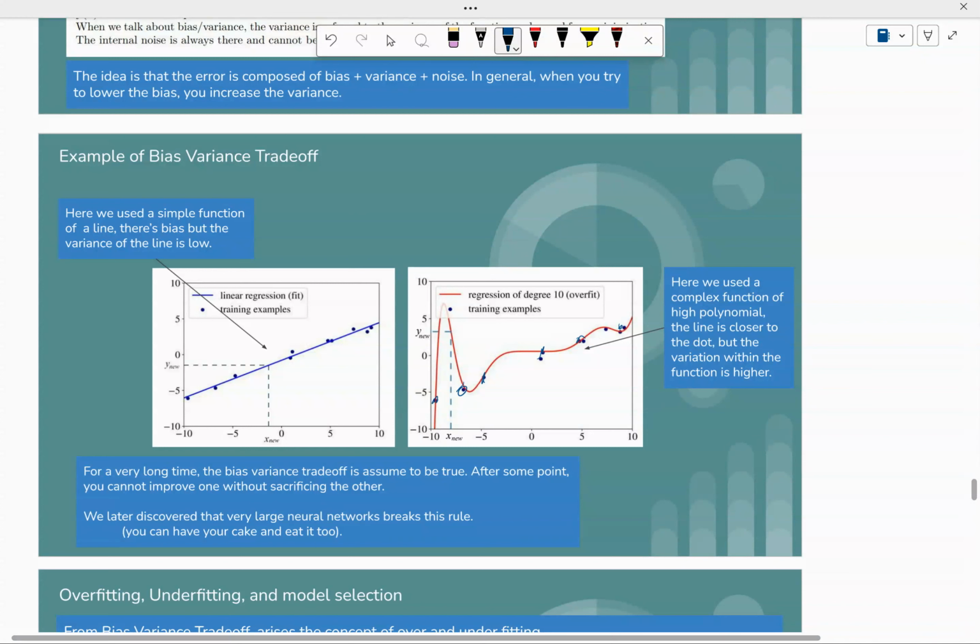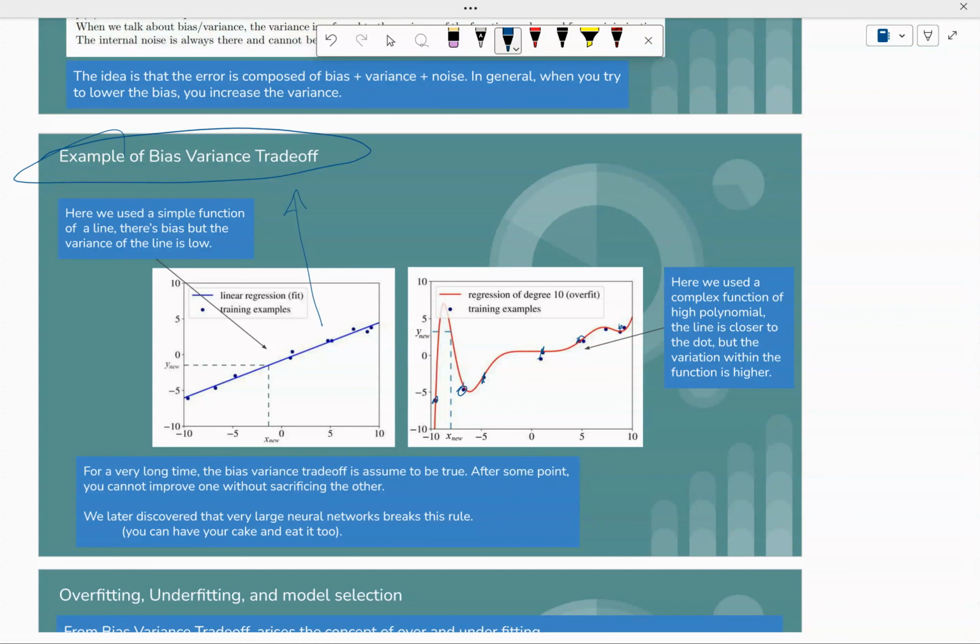So historically speaking, we believed in this thing called a bias variance trade-off, where you want to minimize both bias and variance. However, it gets to a point that you can no longer lower the bias without hurting the variance, or improve the variance without hurting the bias.